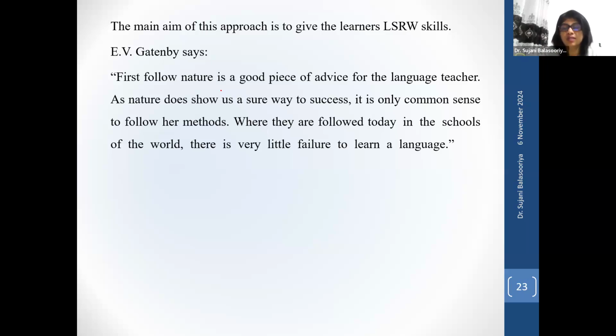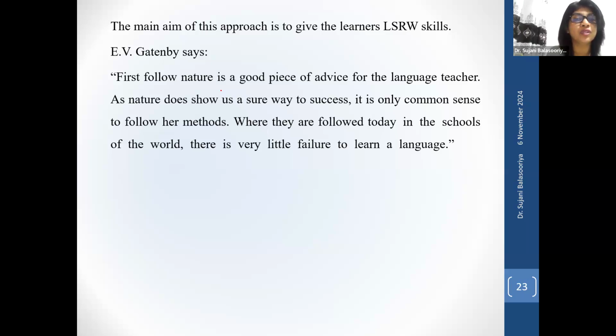It doesn't create a very big kind of impression, but what he says is really correct. It's a valid expression. Talking about exposing the students towards nature as a means of getting to know the language.